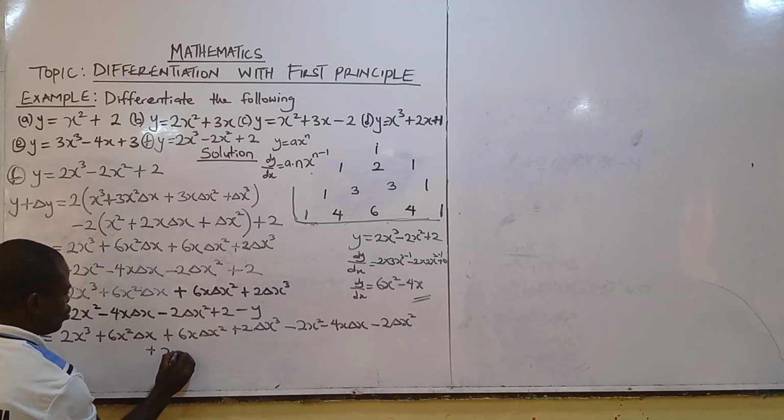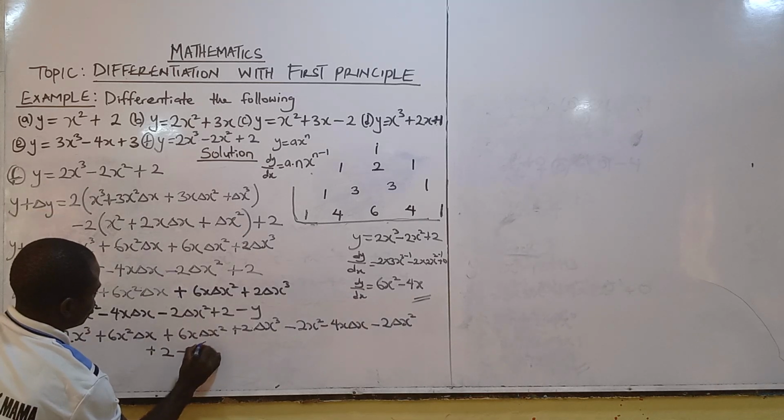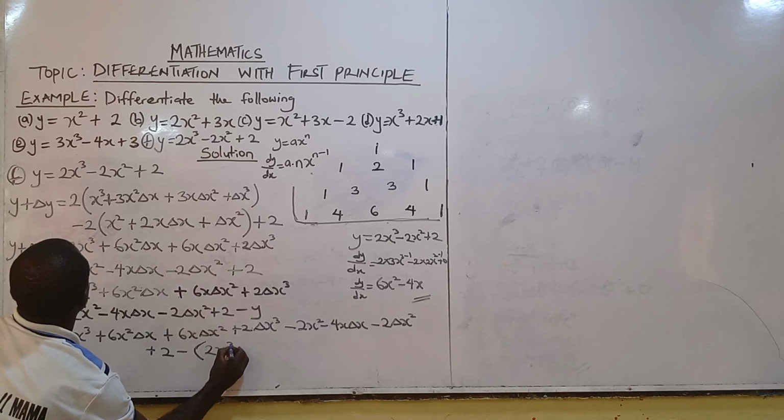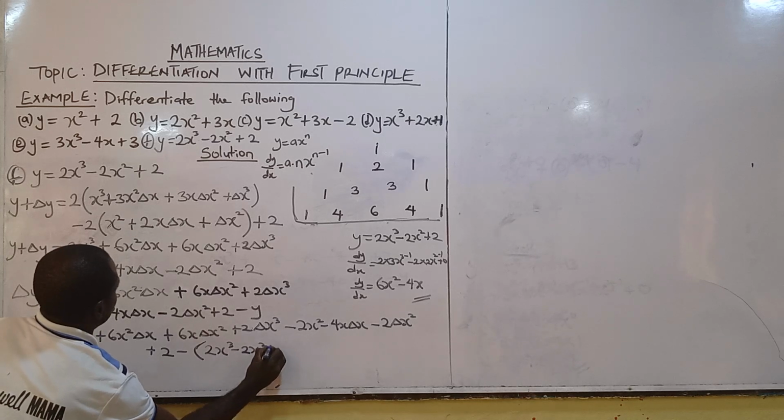Plus 2 minus, what's our y? Let's replace it, having 2x cubed minus 2x squared plus 2.